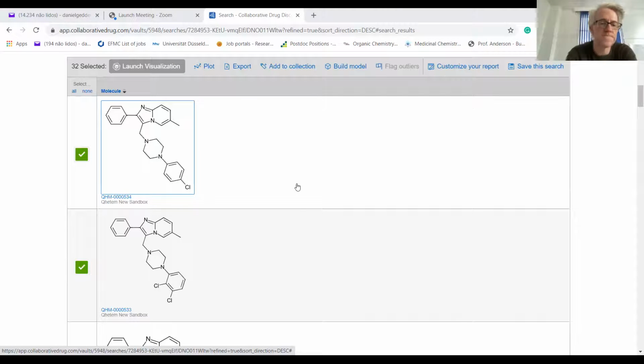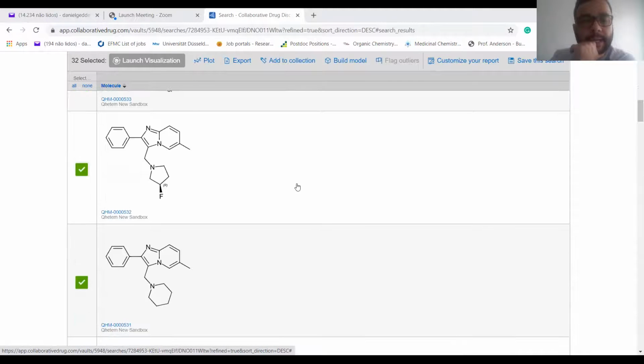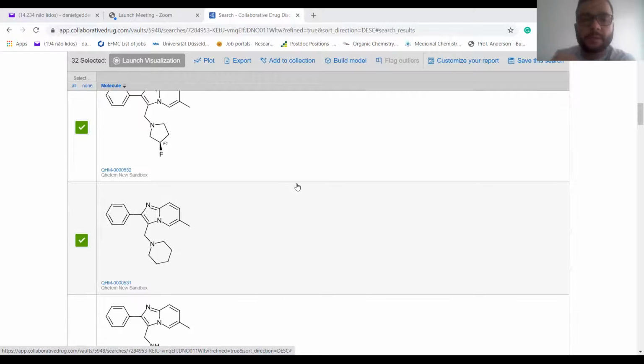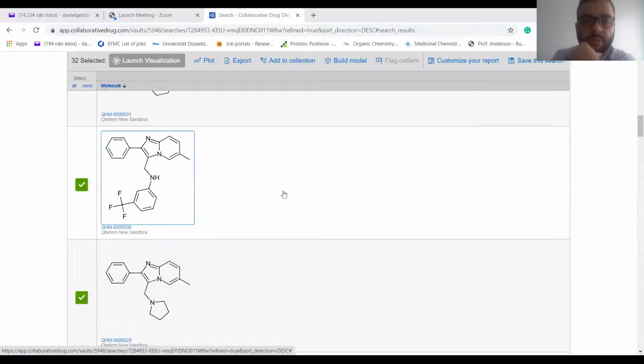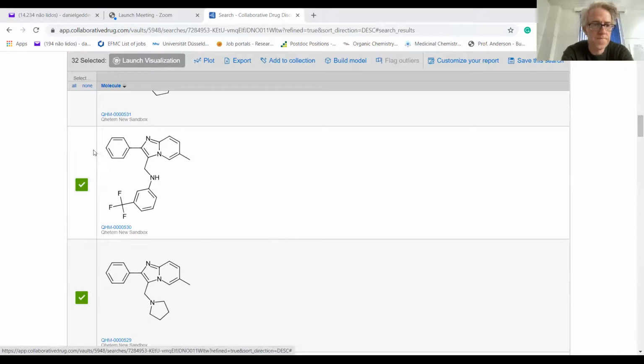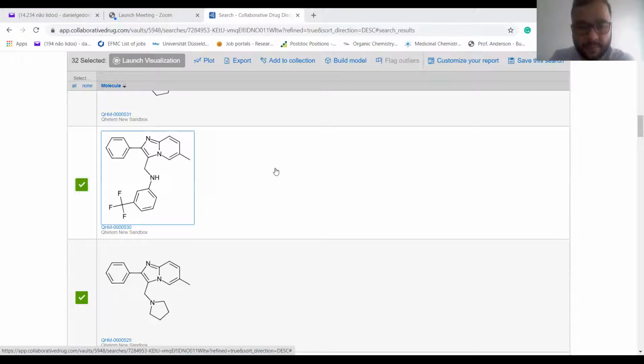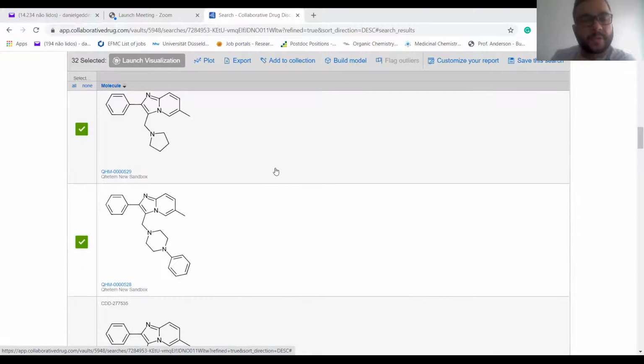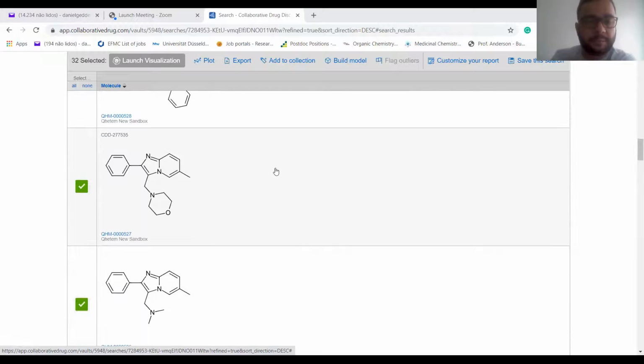These compounds I synthesized here in Flavio's lab. There are other related compounds that I have here, with fluorine in this position, for example, that I synthesized in Germany. It's not a problem to send them to you because they are not included in the patent.